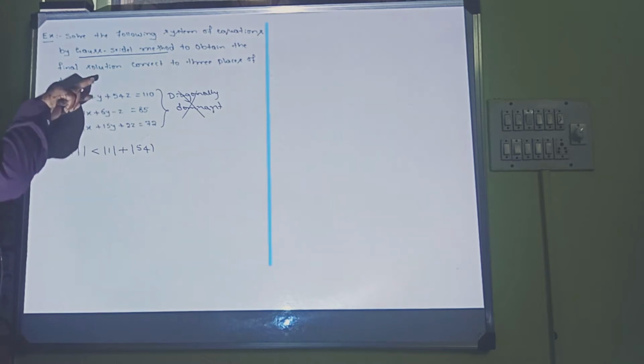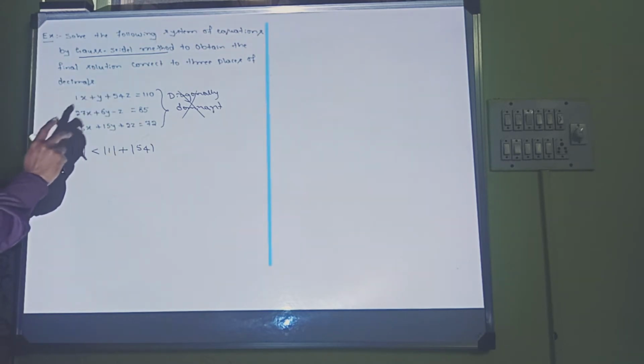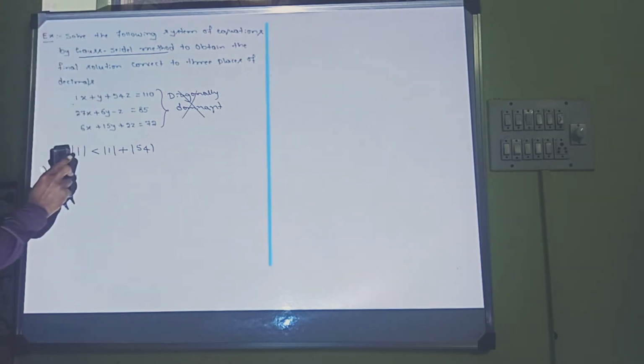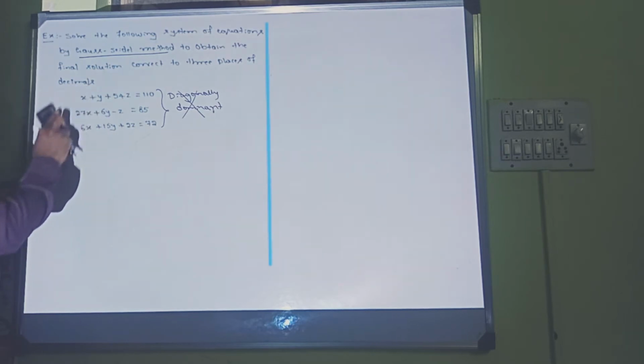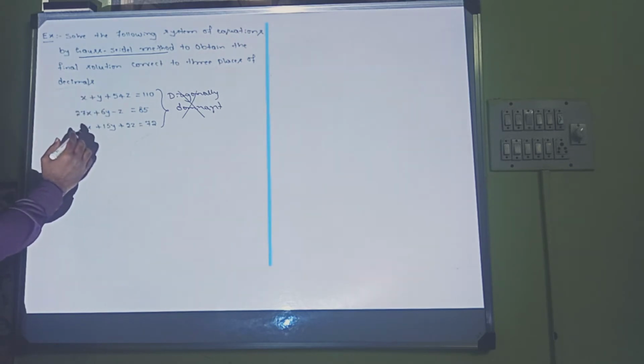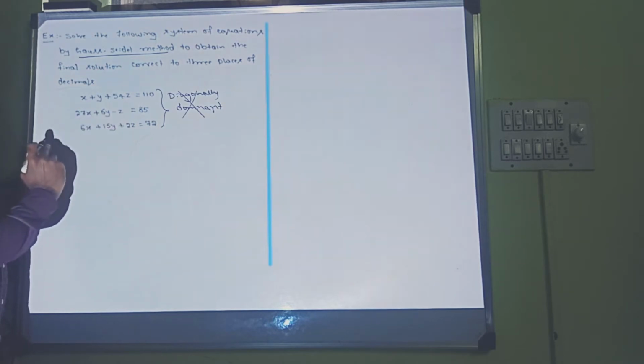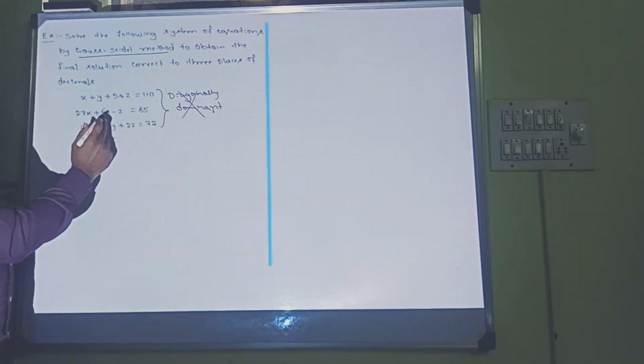Now we have to rearrange this system of equations so that it becomes diagonally dominant. For that, search for the equation where the first place dominates the other.